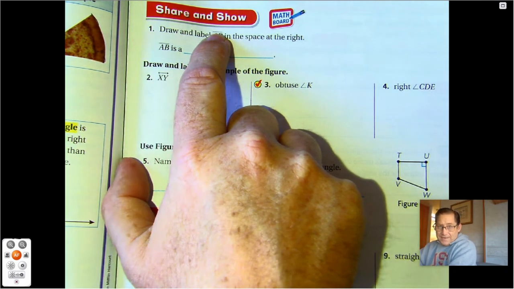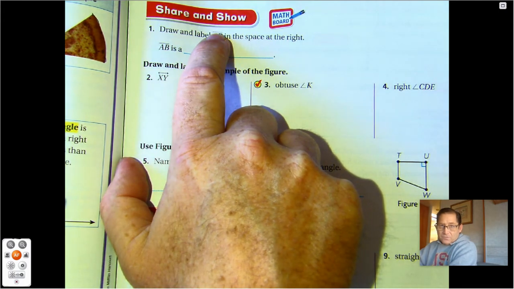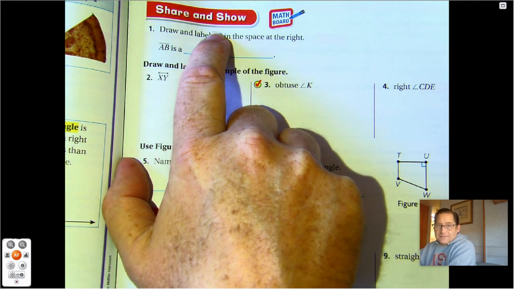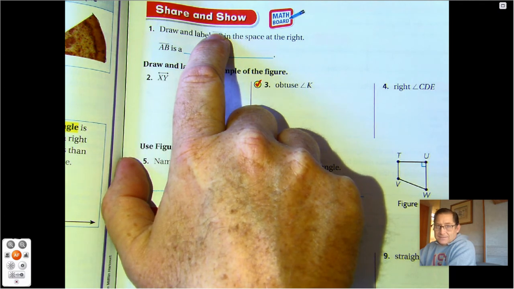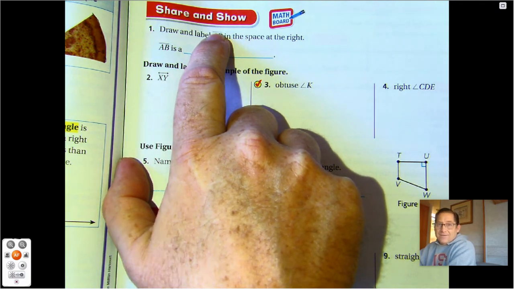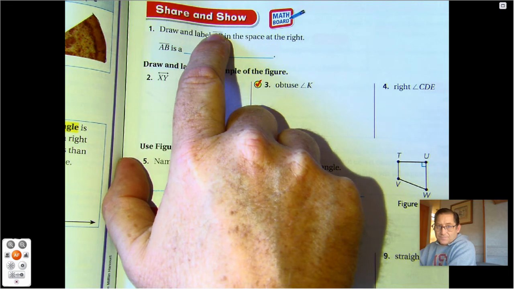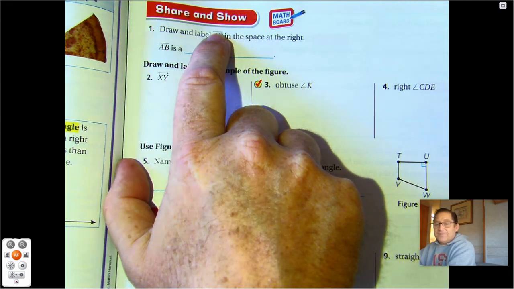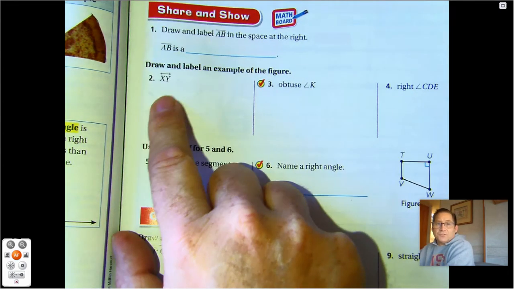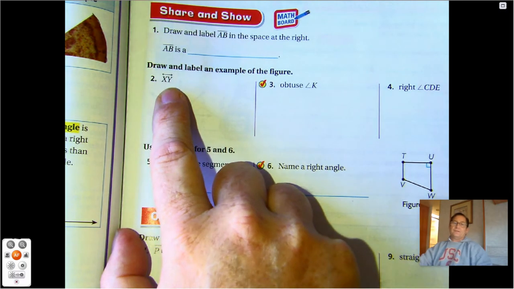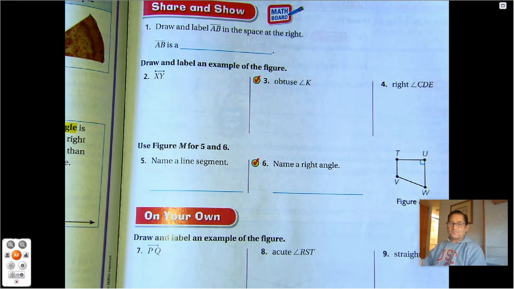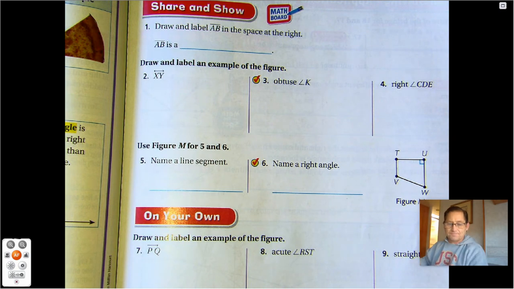So what's the difference between a line segment and a line? Well, a line segment does not have arrows. It has specific endpoints. So let's draw and label line segment AB at the right.